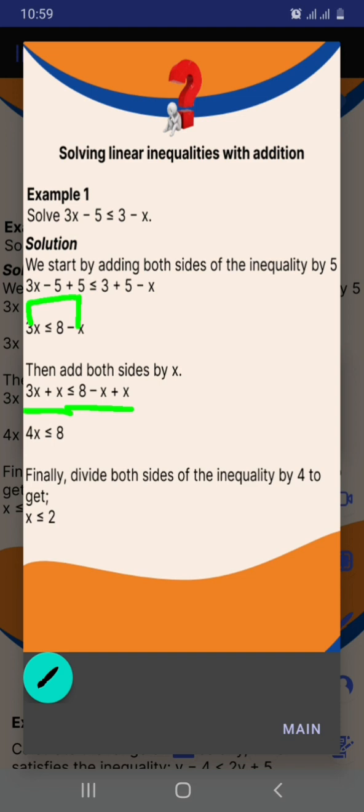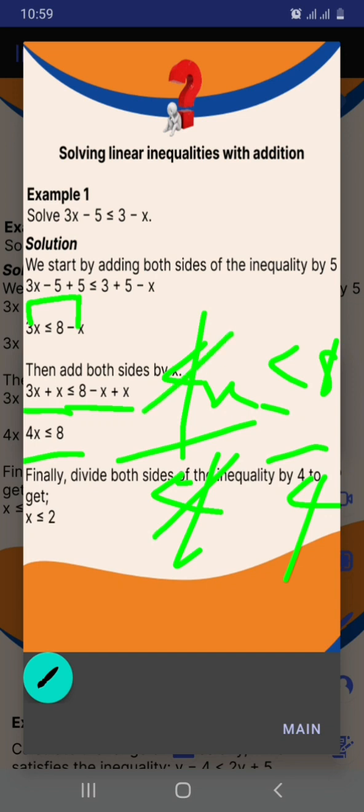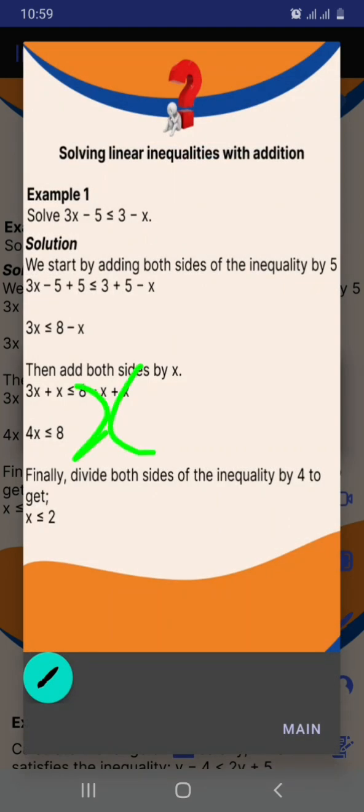We are left with 4x less than or equal to 8. Finally, we're going to divide through by 4. Dividing both sides by 4, you're going to have 4 here, 4 here, 1. 4 here, 1. 4 here, 2. You're going to have x less than or equal to 2.